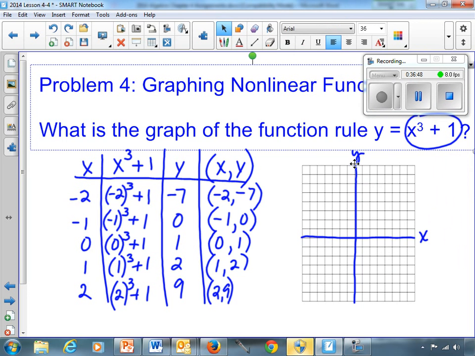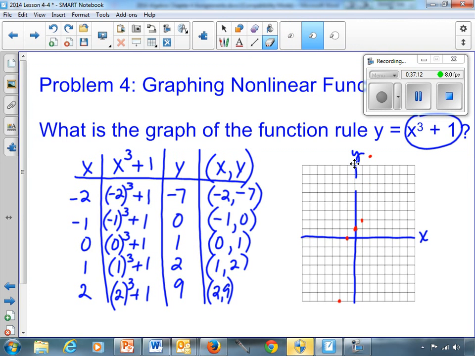And here we go. (-2, -7): 1, 2, 3, 4, 5, 6, 7. Just barely on the graph. (-1, 0). (0, 1). (1, 2). And (2, 9): 1, 2, 3, 4, 5, 6, 7, 8, 9 will be right there. Okay, so didn't mean to write that there.